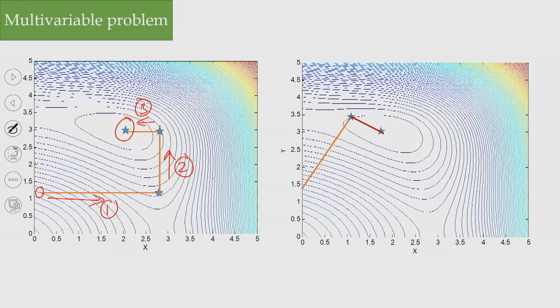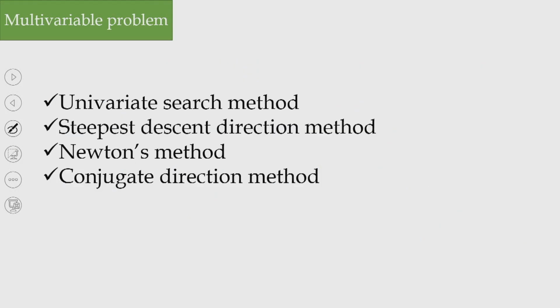Now, the same problem, if I go along this direction, so this is first iteration and this is second iteration, and probably in second iteration I will get the solution. So, therefore, how to choose the direction. Okay. So, that let us see. So, we have several methods, you can say. These are univariate search methods.